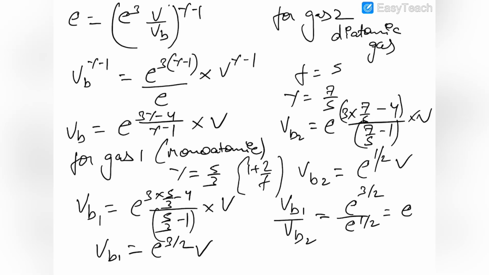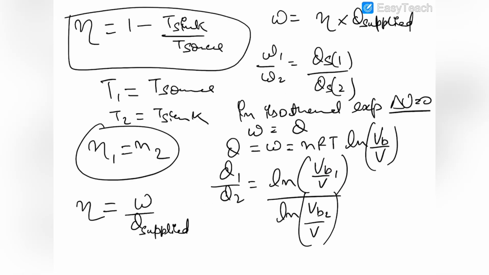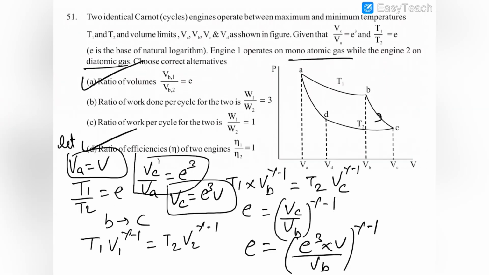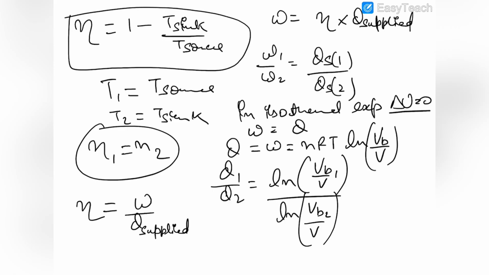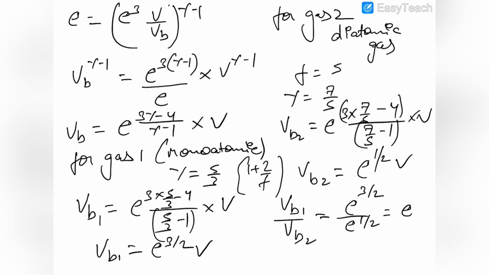Now we have to find out W1 by W2, so VB1 divided by V is e to the power 3 by 2 and VB2 divided by V is e to the power 1 by 2.